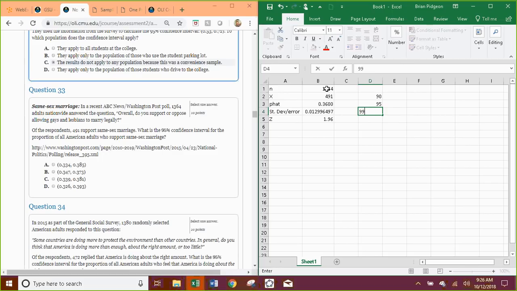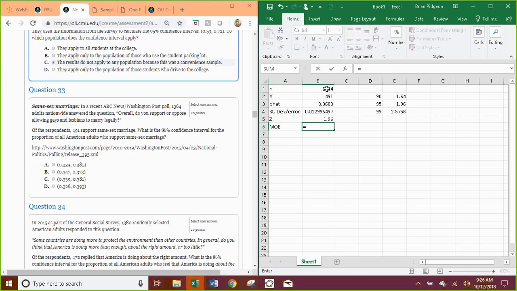Most of these will be given to you, but just in case: a 90% confidence has a z-score of 1.64, 95% is 1.96, and 99% is 2.5758. If you want to memorize them, they're on the formula sheets.